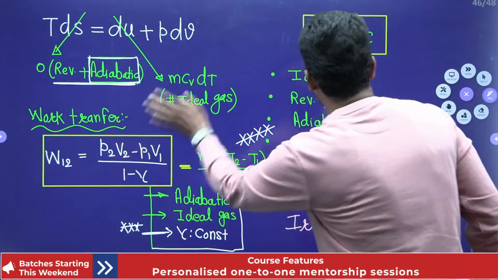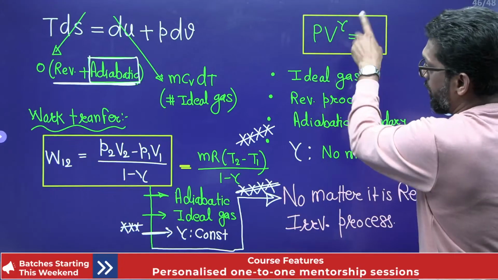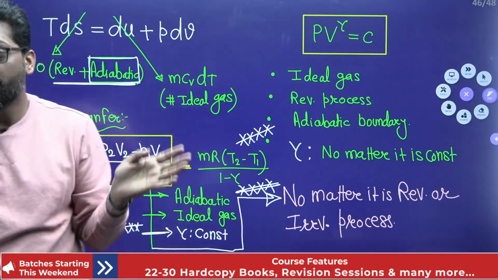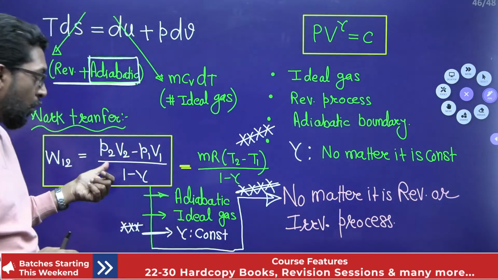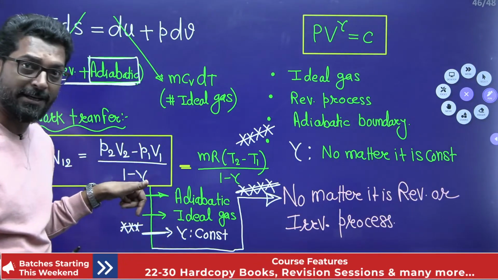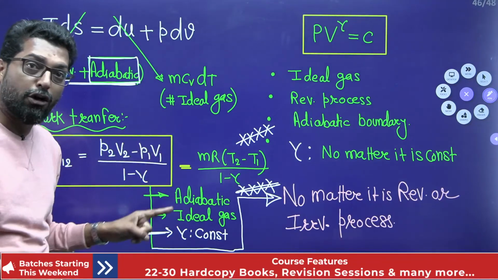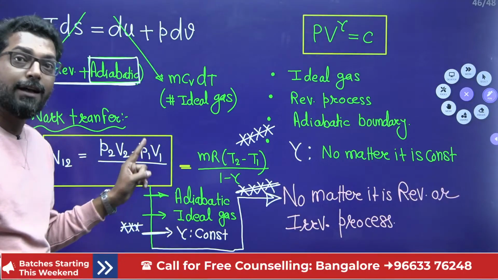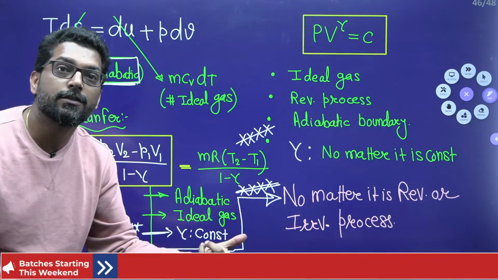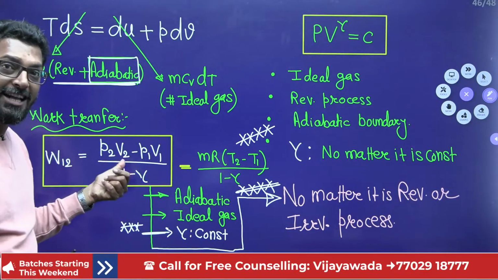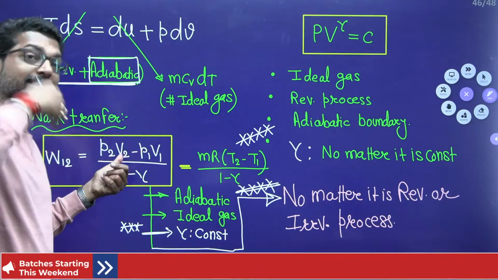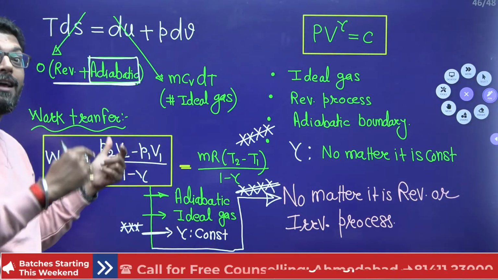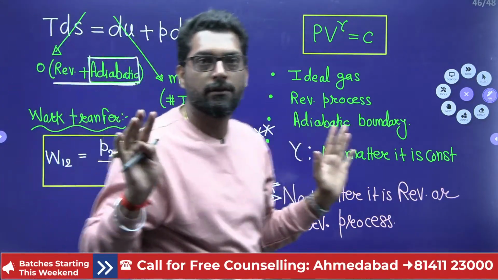See, this is derived for the reversible, but once it is derived, this is applicable for any process, which we can prove from the reversible. That means this work transfer is applicable for the reversible adiabatic process, and this work is also applicable for any adiabatic process.